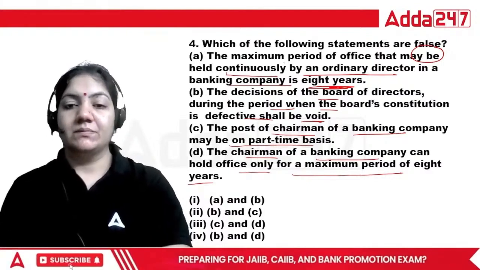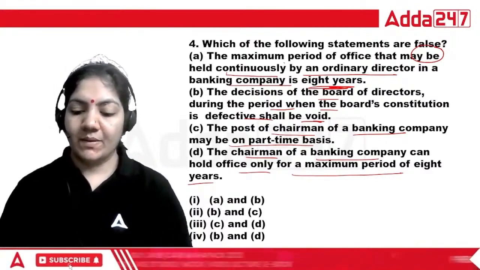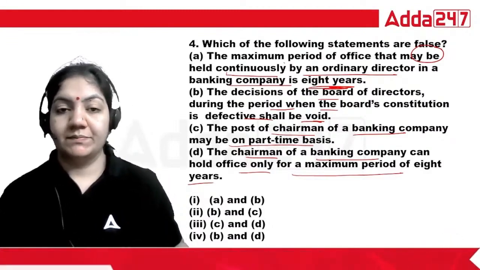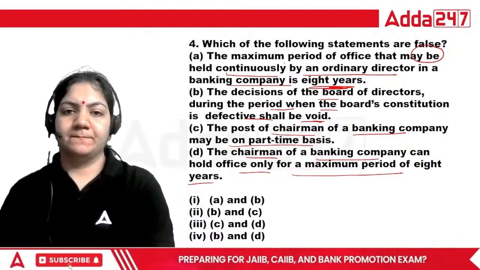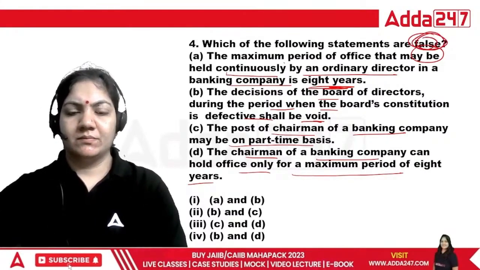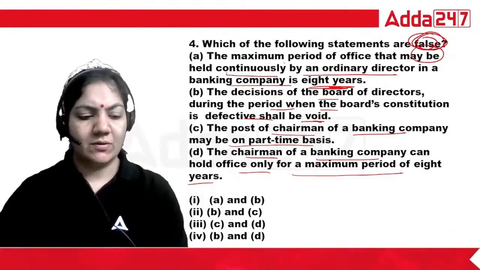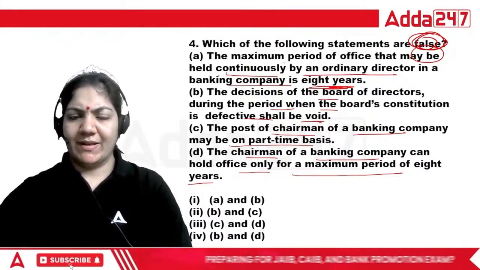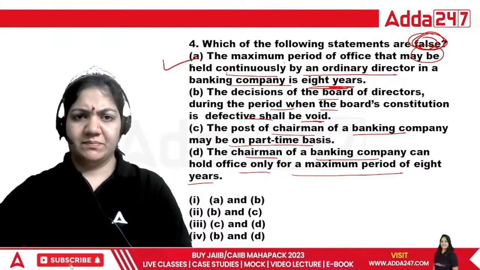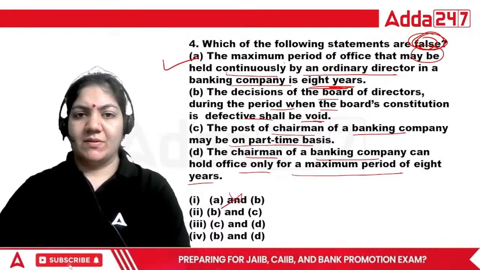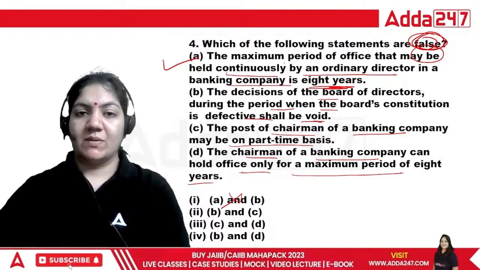Yes, class. Fourth one. You have to find out the false one. The maximum period for a director is 8 years. A is right, class, so this cannot be the answer. B: the decision of the board of directors when the board is defective shall be void.